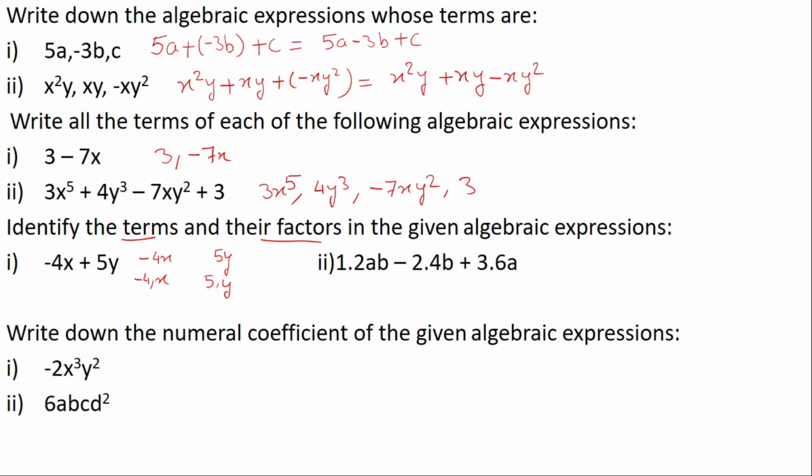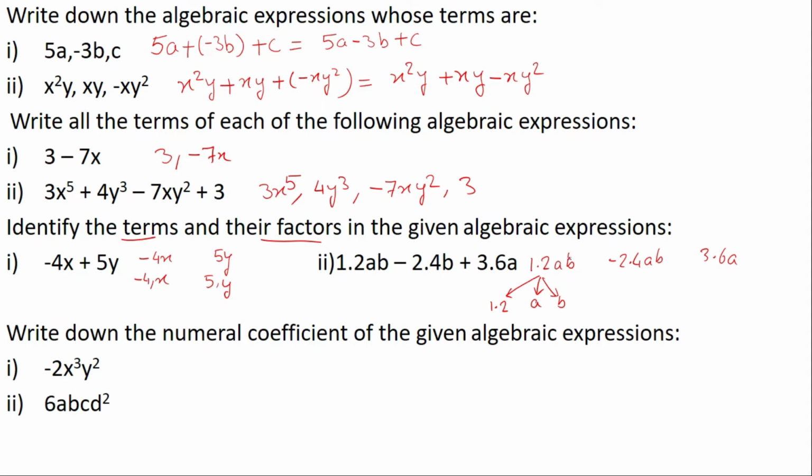Next one is 1.2ab minus 2.4b plus 3.6a. So the terms are 1.2ab, minus 2.4ab and 3.6a, and their factors you can write like this also by making a tree. 1.2 is the first factor, the second factor is a, the third one is b.